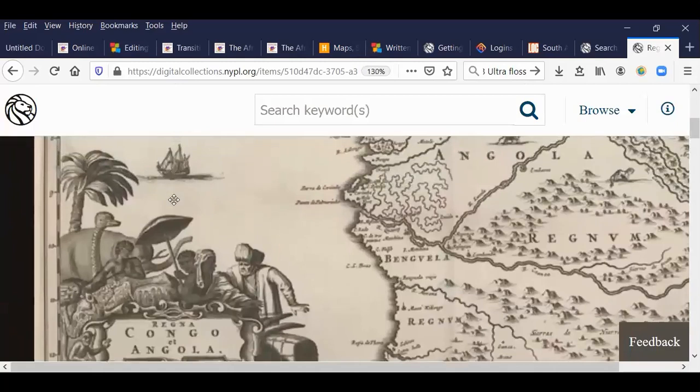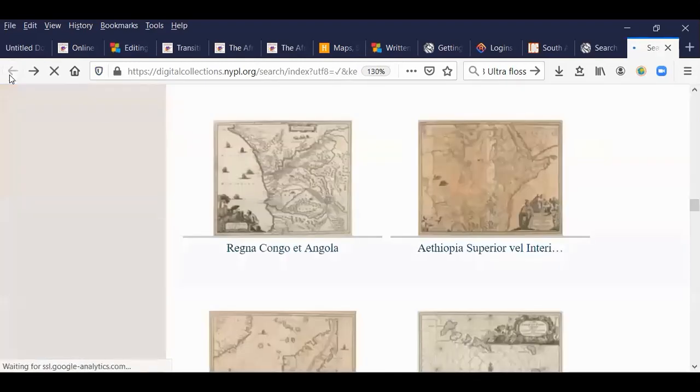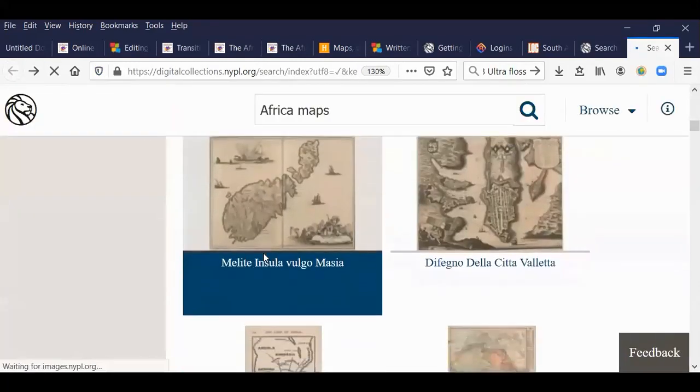Again, the ships offshore are interesting in some of these maps as an indication of the kinds of ships that were operative at the time the map was drawn or conceived by its author.